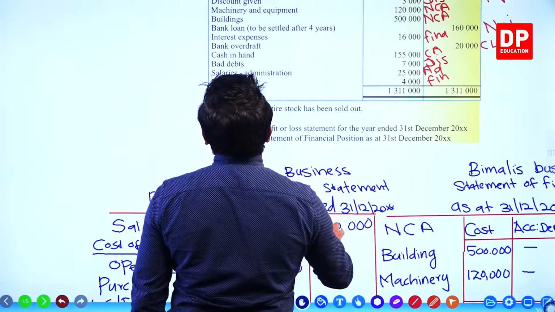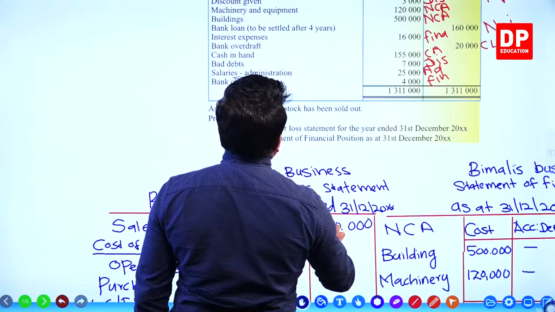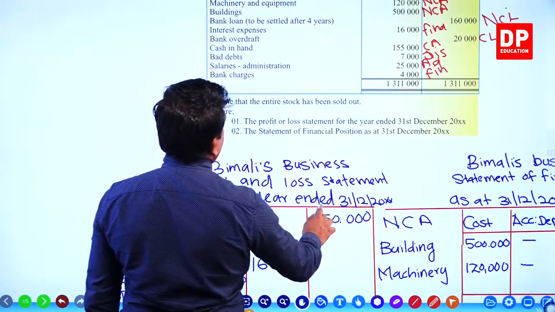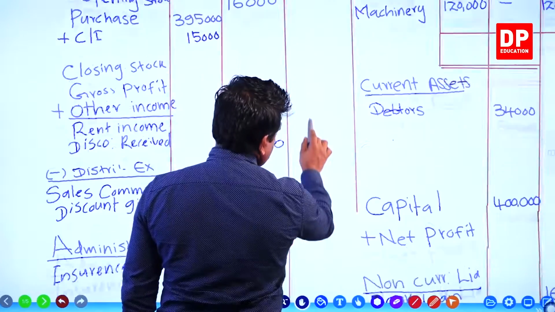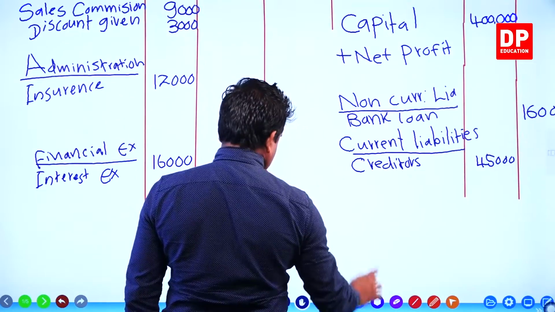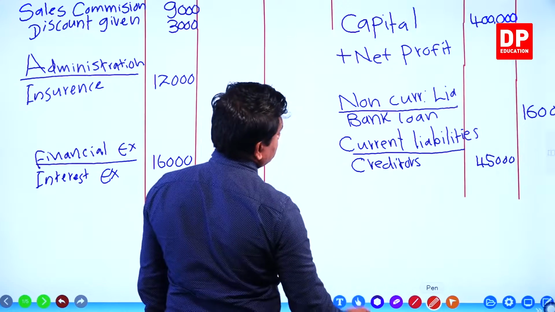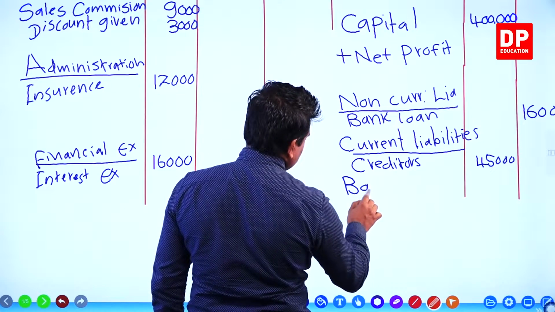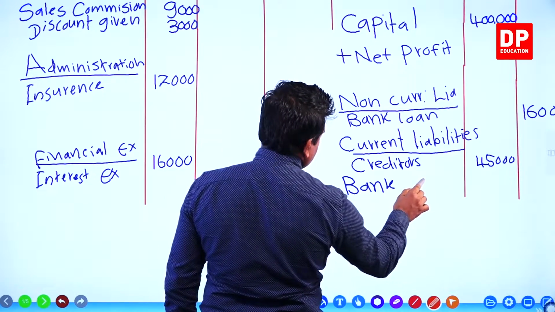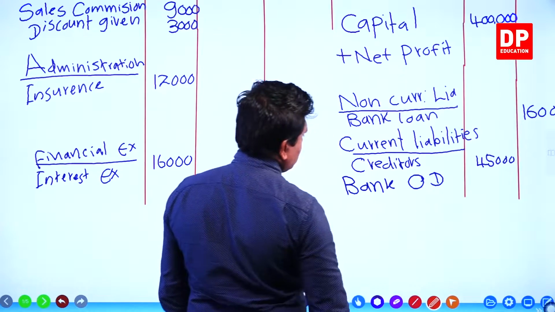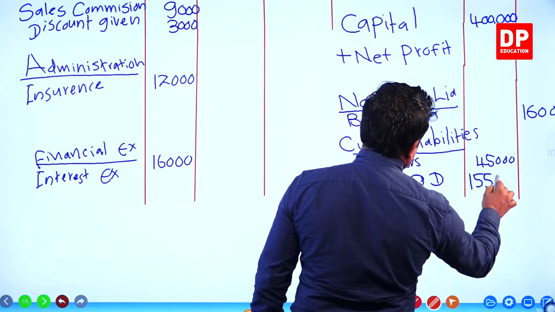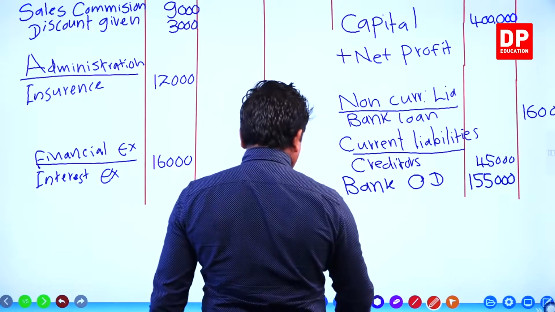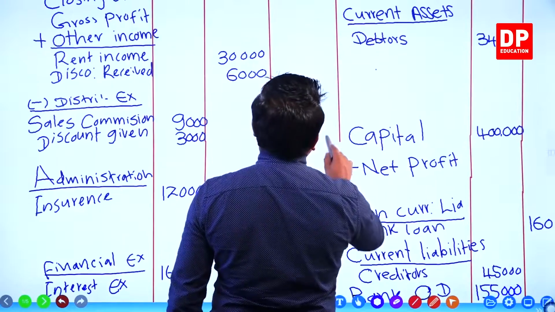Then, what is that? The other one is bank overdraft 20,000, cash in hand 155,000. Bank overdraft is a current liability. We say bank OD. How much?